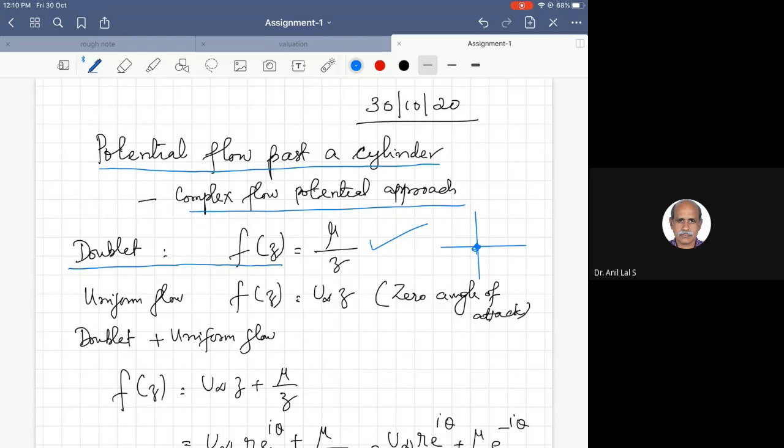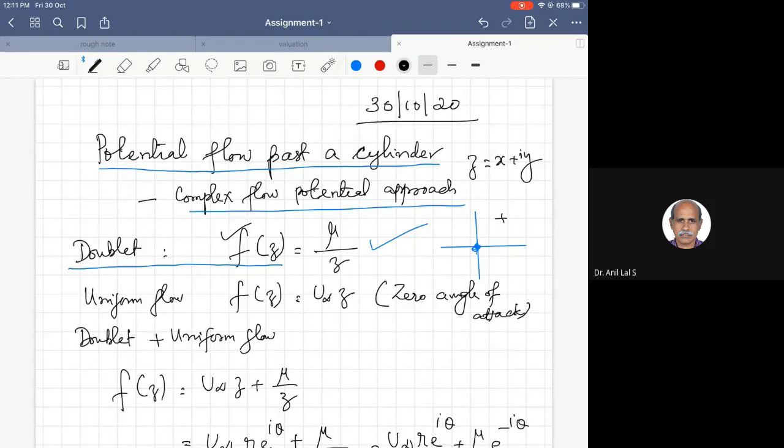Z is the complex variable which represents any point x plus iy, Z is equal to x plus iy, and the function of Z is mu by Z.